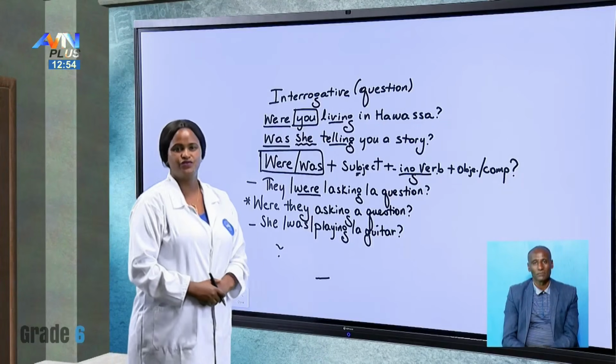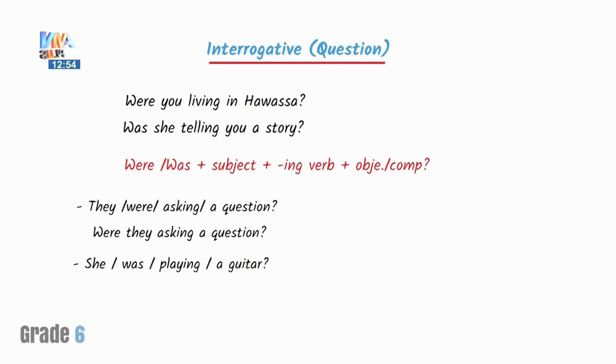Okay, let me give you a few seconds. Don't forget to show your answers to your parents, your friends, or people around you, all right? Good, okay. She was playing a guitar.